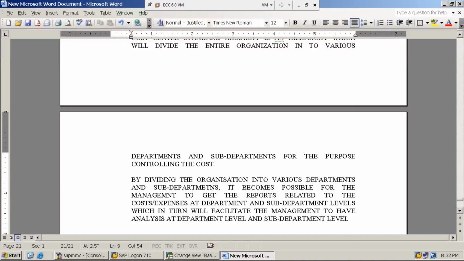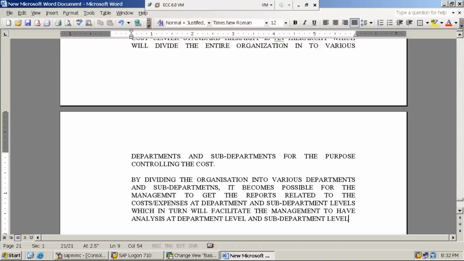Okay, so the point to be remembered very much is, what is cost center standard hierarchy? Cost center standard hierarchy is a hierarchy which will divide the entire organization into various departments or sub departments. You can use the word department or sub department, or you can use the words divisions or sections. Terminology we don't need to bother about. Some organizations use divisions, some use sections, wings, departments.